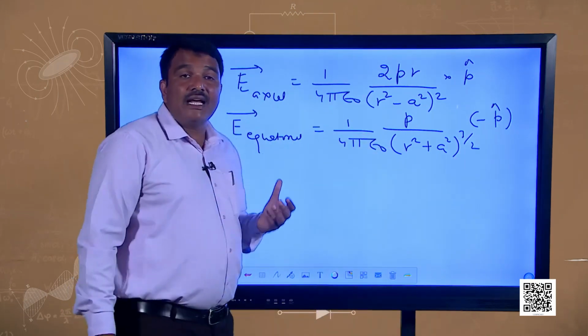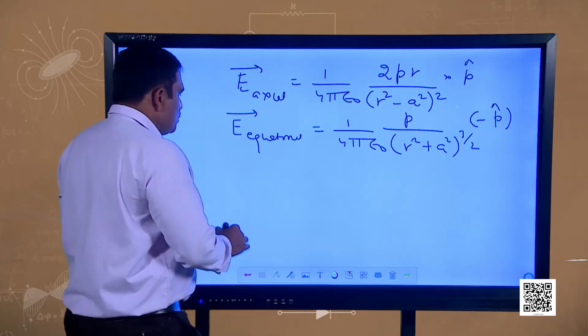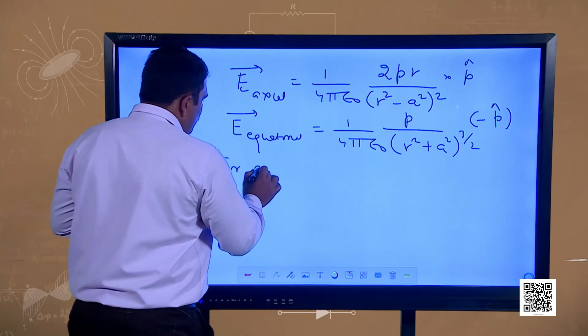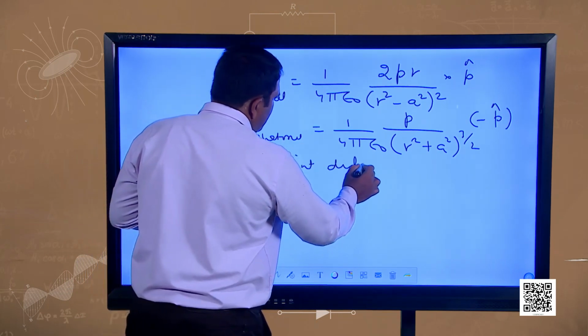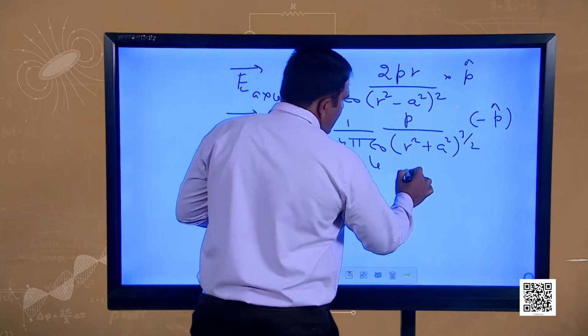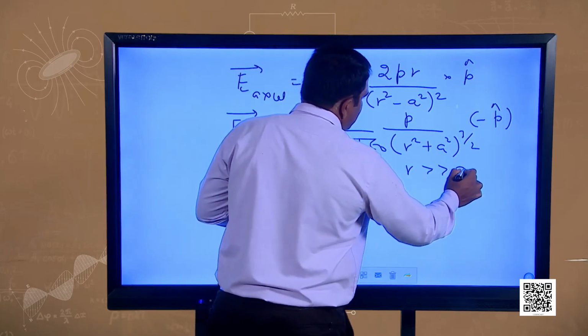Now, if the dipole is a point dipole, and we know that for a point dipole, we can take r as very greater than a.